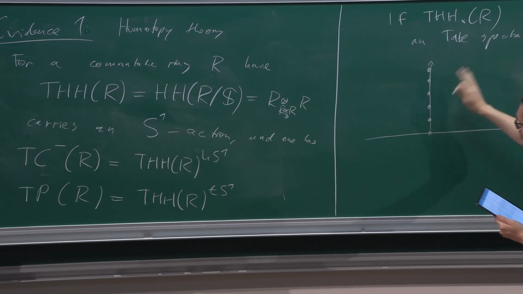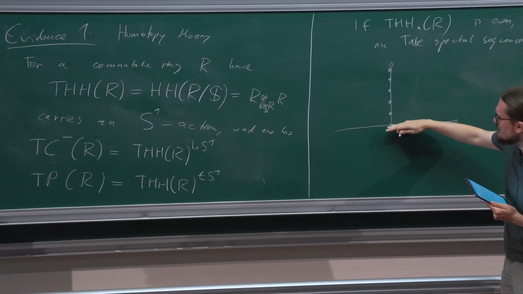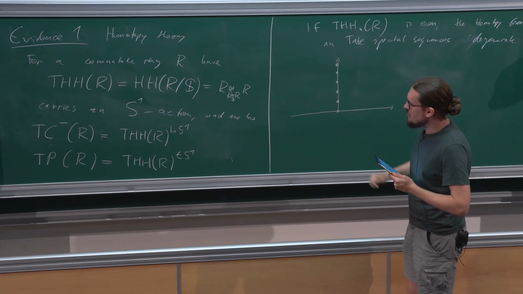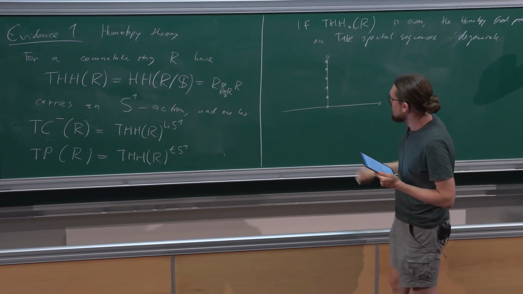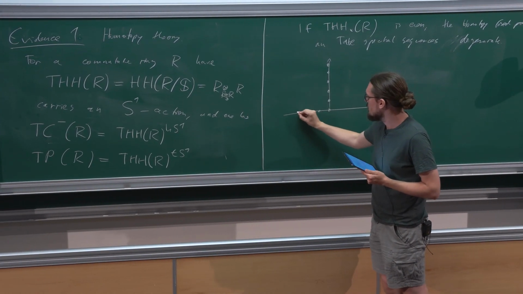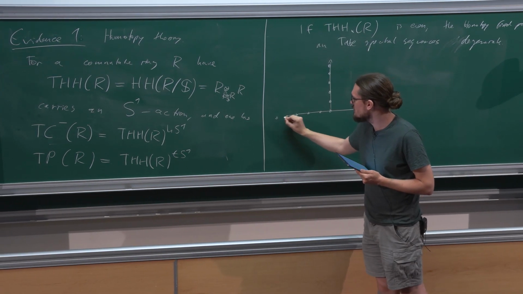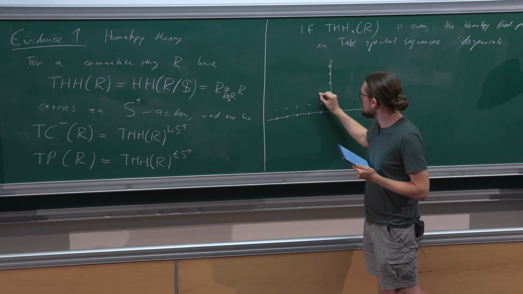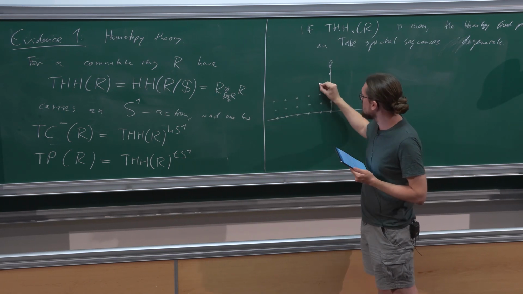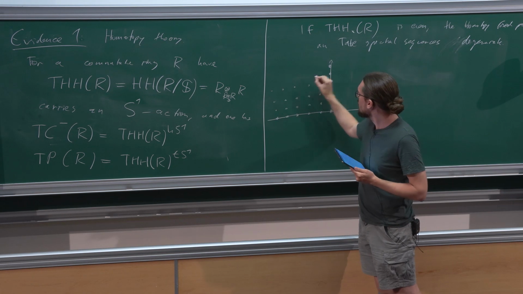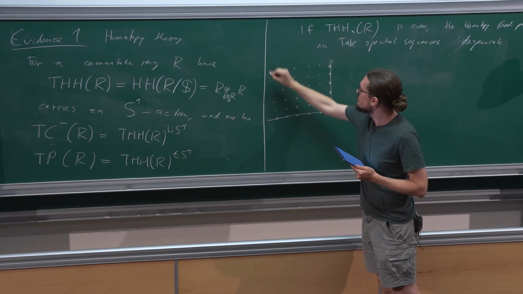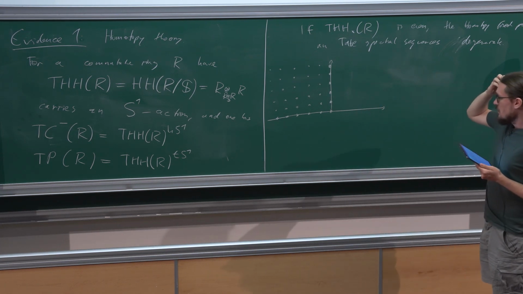The homotopy groups of THH are some stuff that's somehow concentrated in even degrees here. Let me just draw dots and think of these as living in even degrees. And there's nothing in between. And then the cohomology of the circle group also lives in even degrees, right? It's like the cohomology of CP infinity. So you have this picture here where every dot lives in even total degree. Now you have homological notation in the spectral sequence.